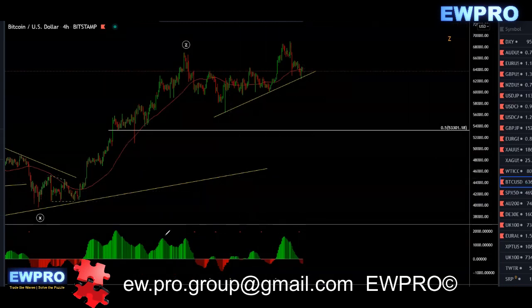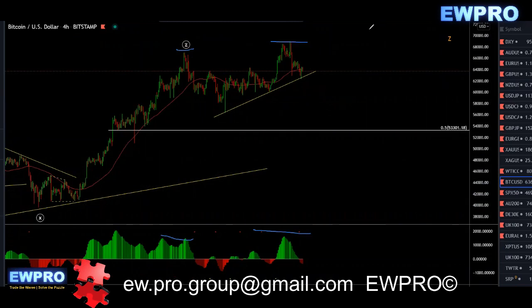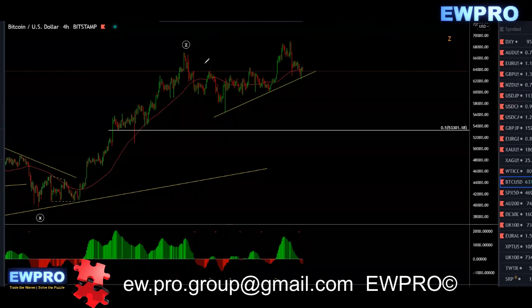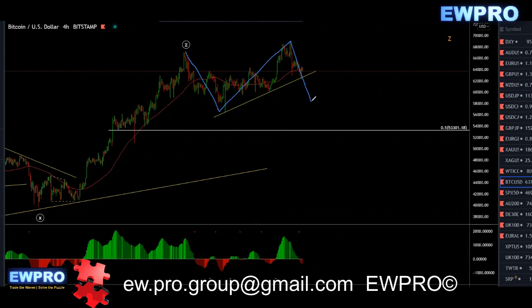Because over here and over here, we got bearish divergence. So you really need, like I showed, A, B, C as a running or expanding flat before you can look for the buy. I'd be looking for a break of this trend line, a break back above the trend line, and then look for your buy setup, that as a flat in here.